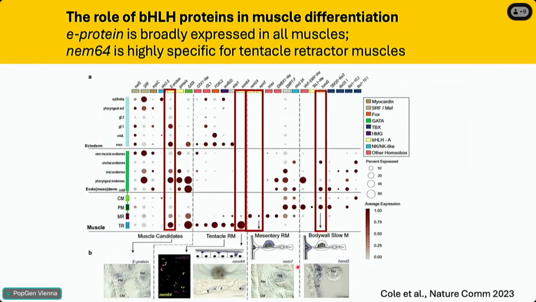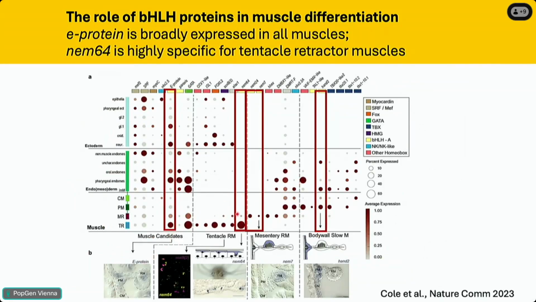If we focus on a few more members of those here, for instance, there's the bHLH protein, E protein, which is expressed very broadly because that's a common factor that you need for any bHLH factor. So it's not a surprise that it's expressed broadly, but it's strongly expressed in the tentacle retractor muscle. I will go into one more detail in a moment.